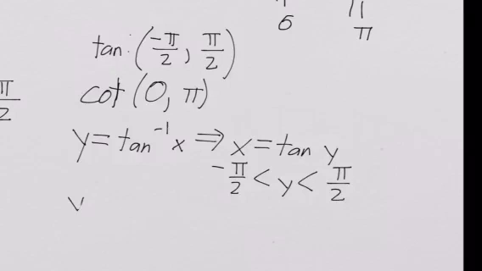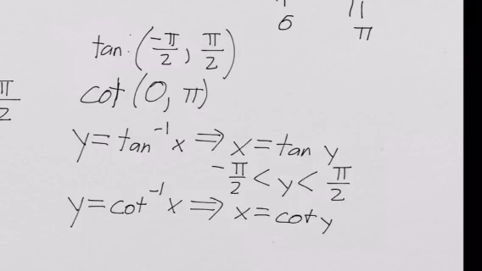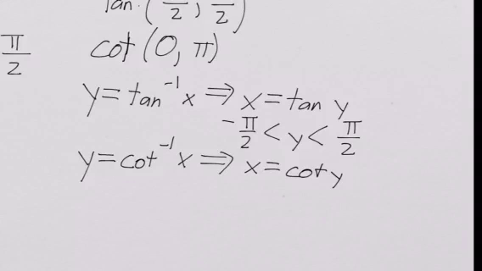Similarly, y equals inverse cotangent of x implies x is equal to the cotangent of y, where 0 is less than y is less than pi.